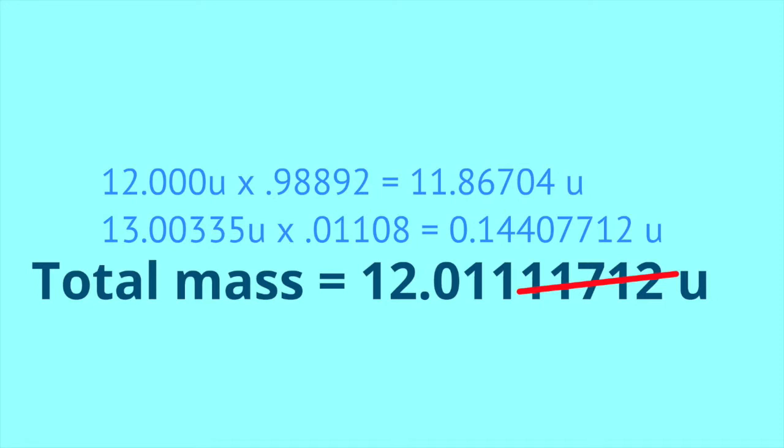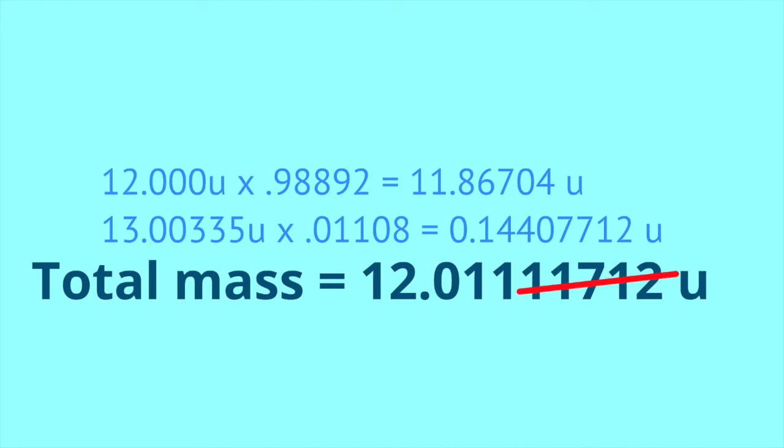Likewise, for carbon-13, we know the mass is 13.00335 units, and the percentage is 1.108%. Remember, when you're multiplying by a single-digit percent, you need to have a 0 before the first number in your decimal.